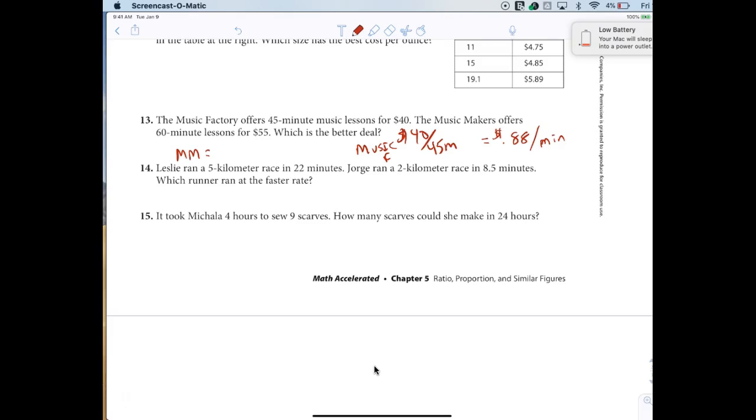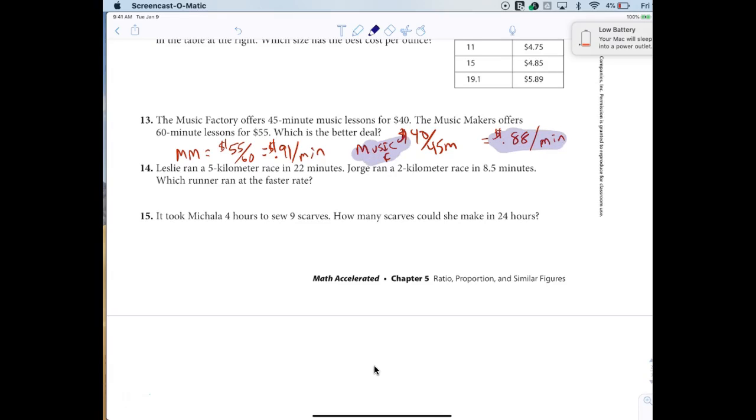I'm listening. $55 divided by 60, which is 91 cents. Per what? Per minute. Good job. So which one should you go to? The Music Factory. Yes, Music Factory has the better deal.